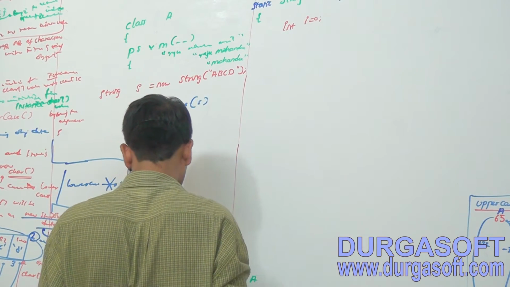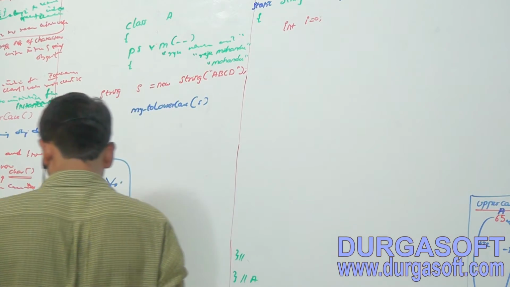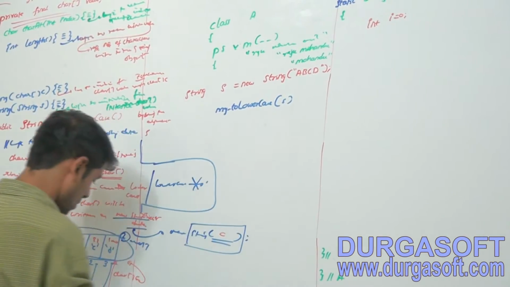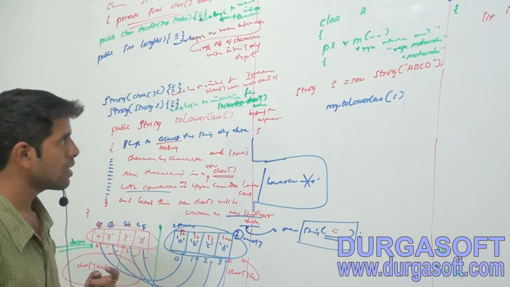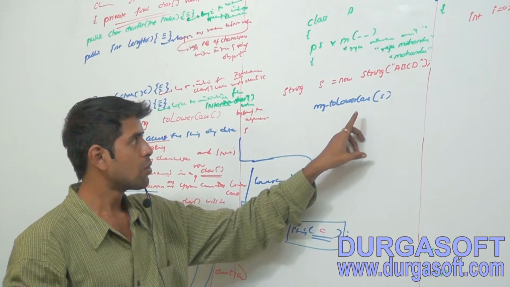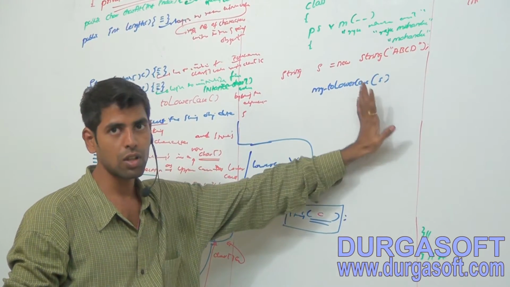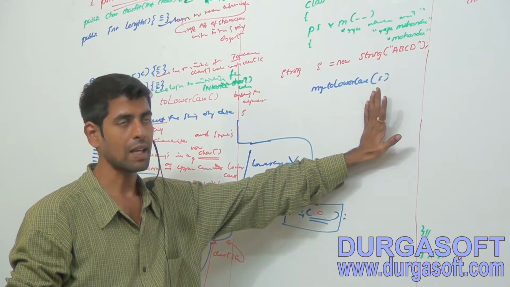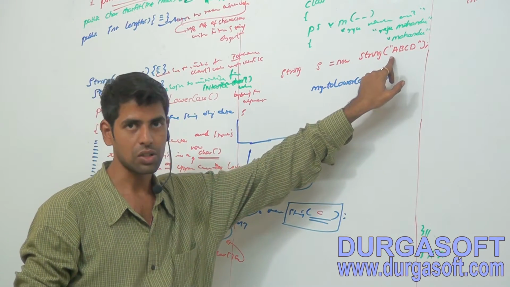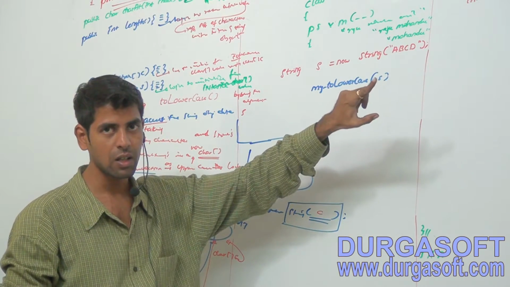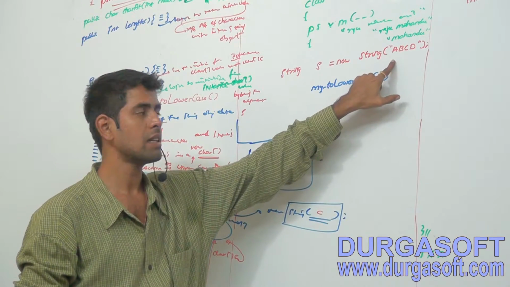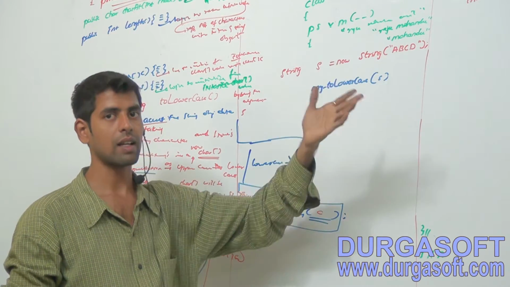Now observe here. Is there any chance to pass only a string object here? Is there any chance to pass a string object with characters 1 or greater than 1?